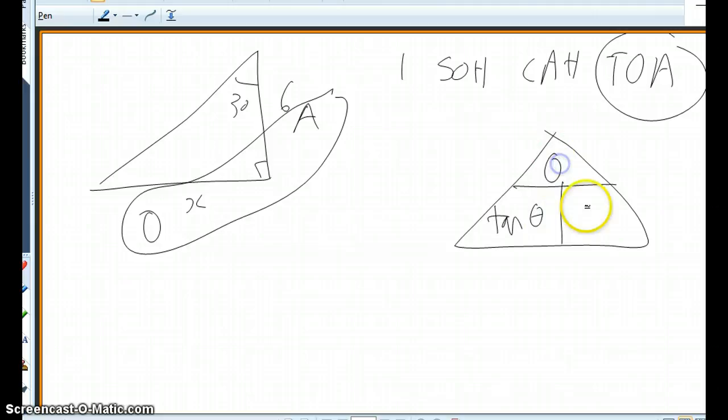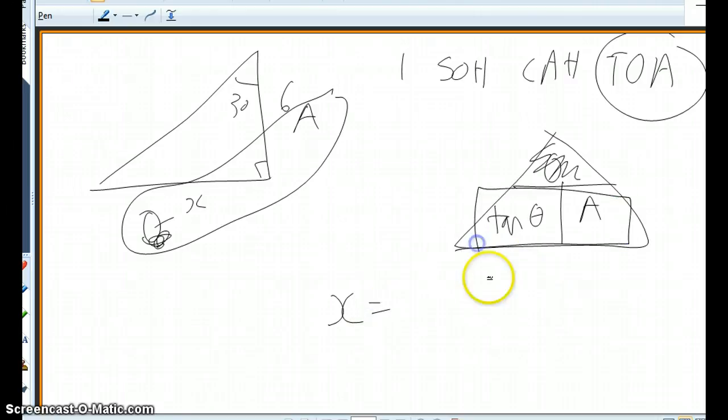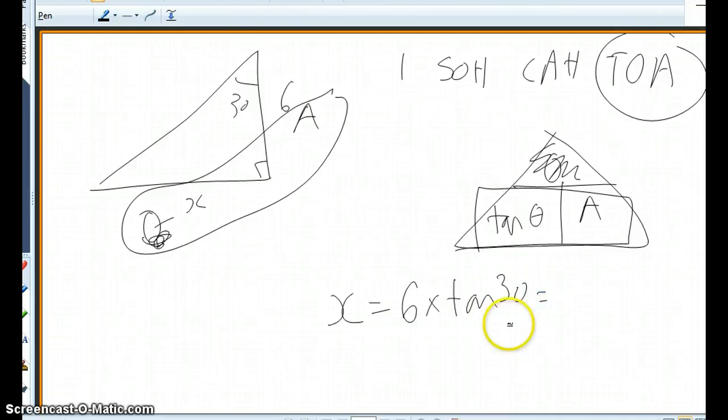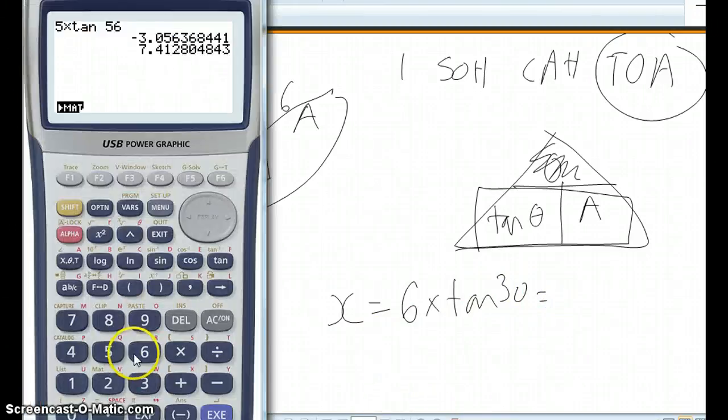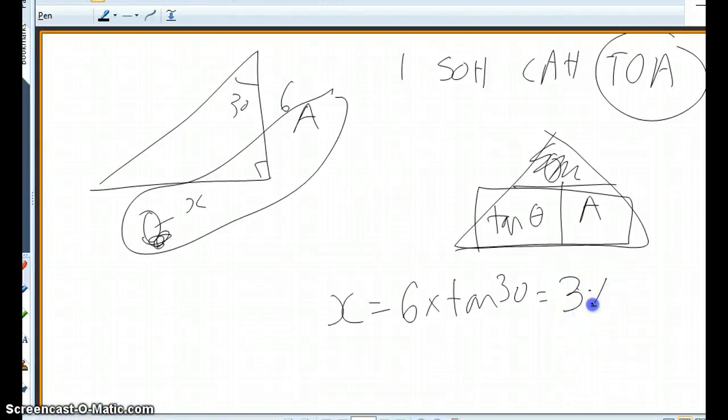Tan of the angle, O over A. I'm looking for O. Cover up the O. X now equals, because those two are side by side, 6 times tan of 30. Calculator, 6 tan 30, execute, 3.46. Units are meters.